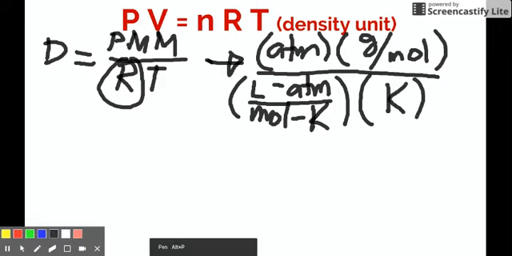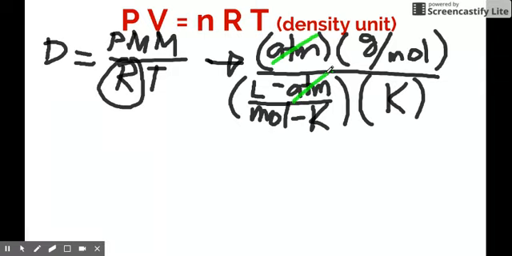So let's now remove the units that we can possibly cancel. Atmosphere is obviously cancelable. The mole here is also cancelable. And obviously the per Kelvin and the Kelvin here are also cancelable.